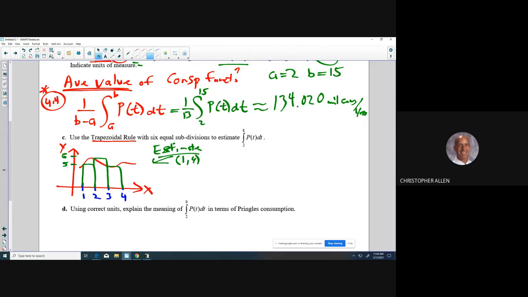All right, so what I would do here for left-hand Riemann sums, okay, so you've got to do the left side measure times the width of the rectangle.